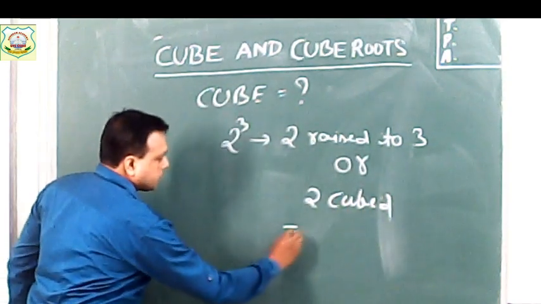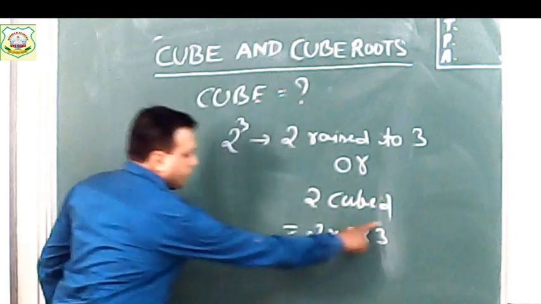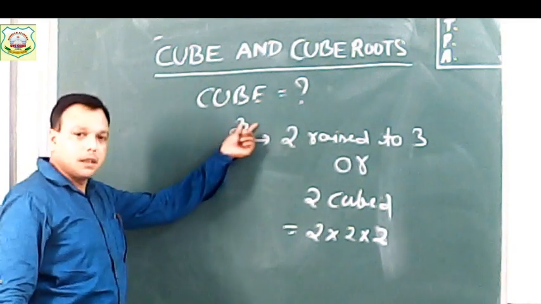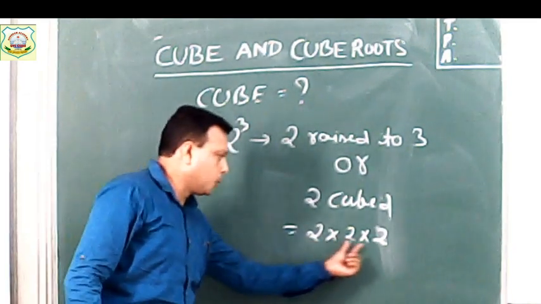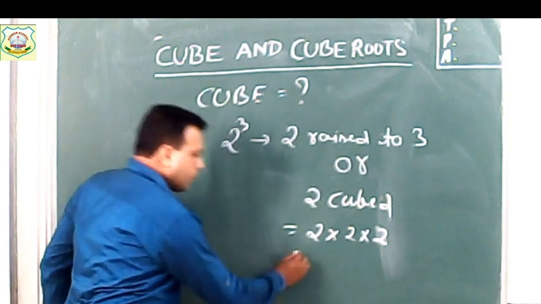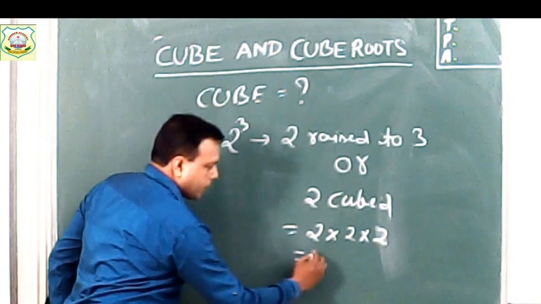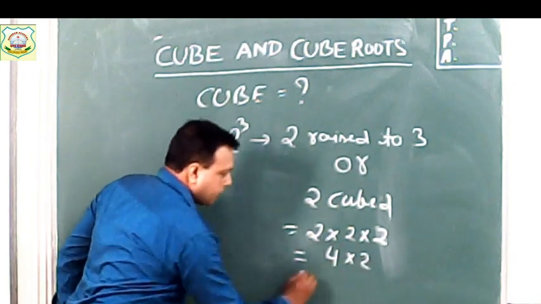It means 2 into 2 into 2. 2 power 3 means you have to write 2 three times: 2 multiply 2 multiply 2. What will be the answer? 2 twos are 4, and 4 twos are 8.